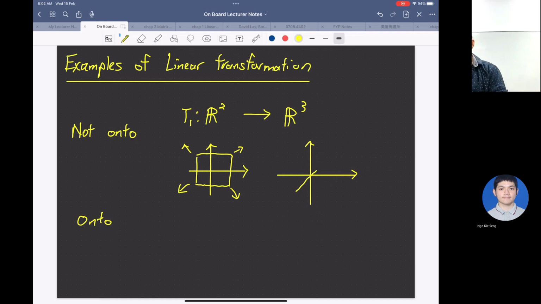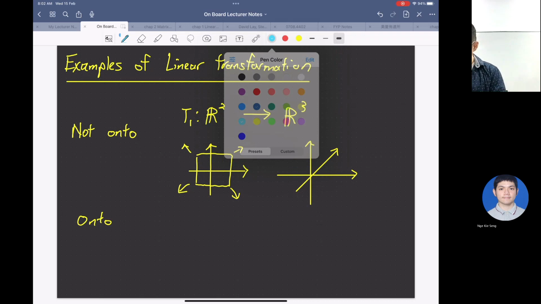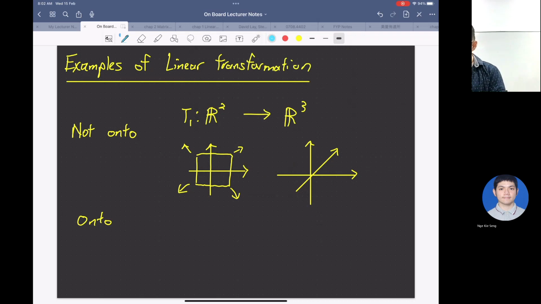So there's an extra coordinate here, and I draw the box. You can never be onto from a smaller dimensional space to a larger dimensional space. You can only fill out a piece of it. You cannot be onto.